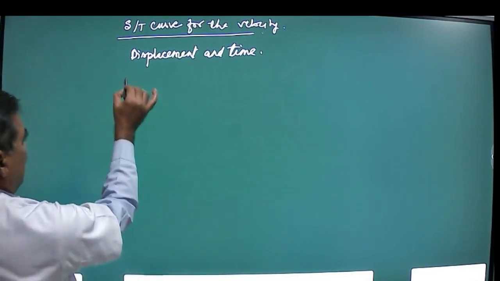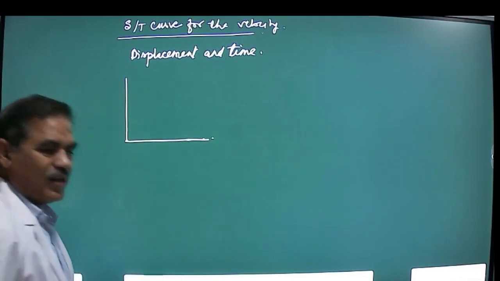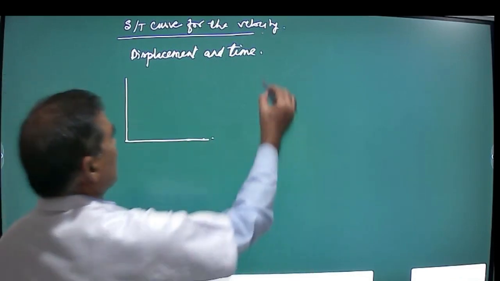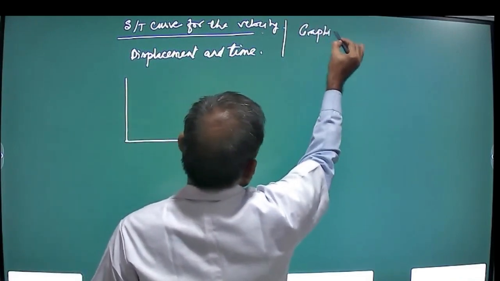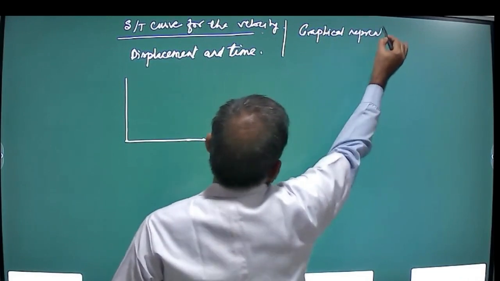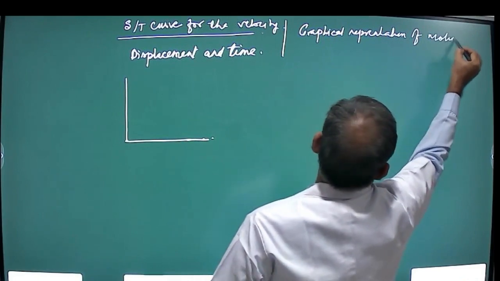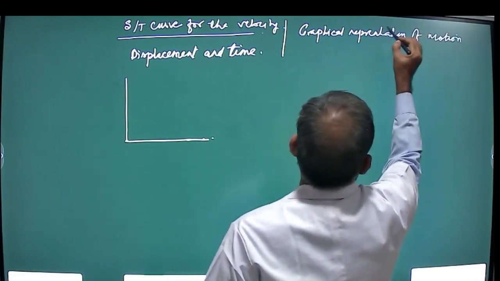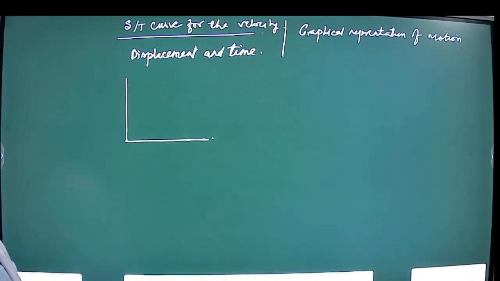Now, when a particle is moving, the motion can be shown graphically. This is the graphical representation of motion.